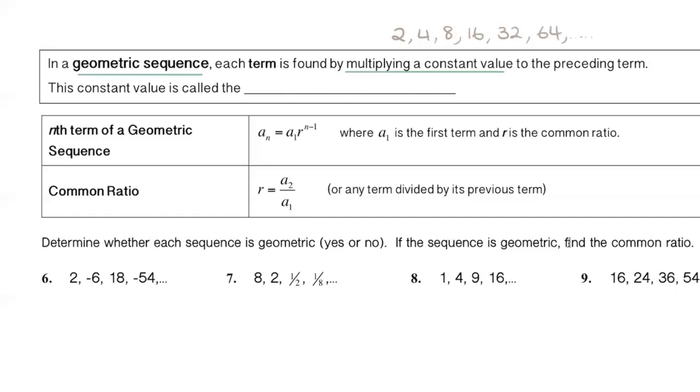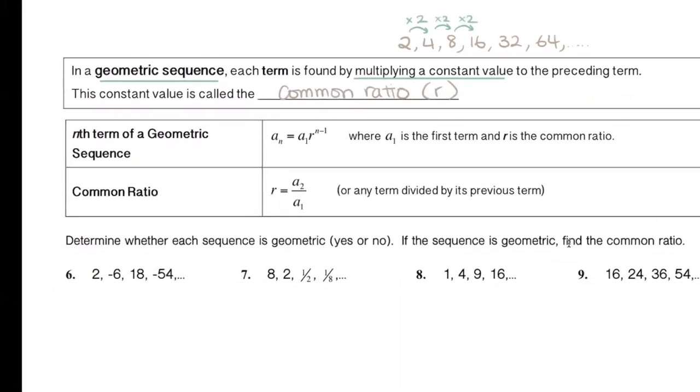So we are multiplying by 2 each time to get to the next term. Now this constant value is called the common ratio, and we're going to use R as our variable.